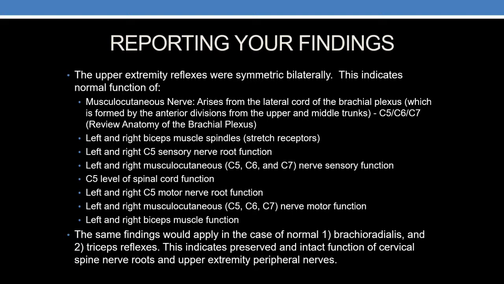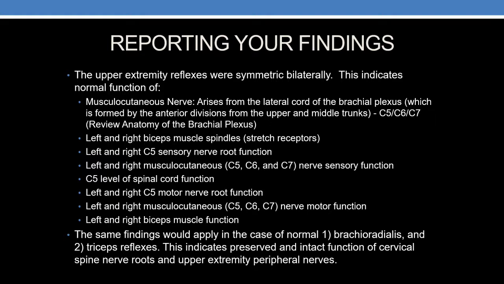It indicates that the left and right stretch receptors in the biceps muscles, which we call the muscle spindles, the second component of the reflex arc, these specialized stretch receptors are functioning. It indicates that the left and right C5 sensory nerve root function is normal.